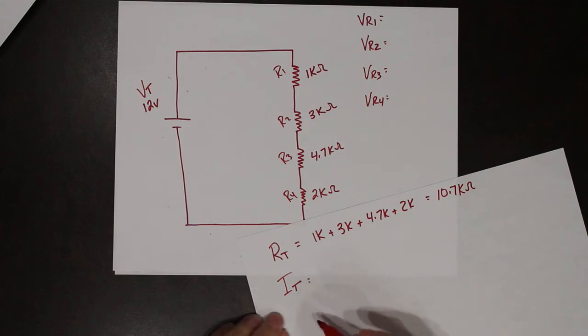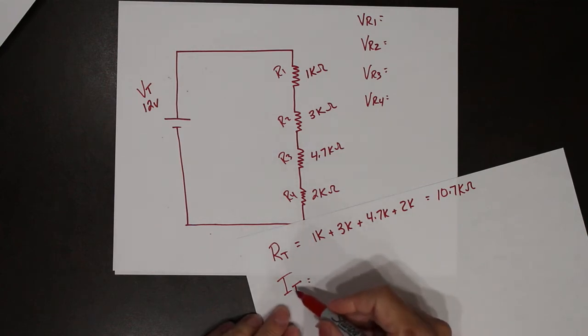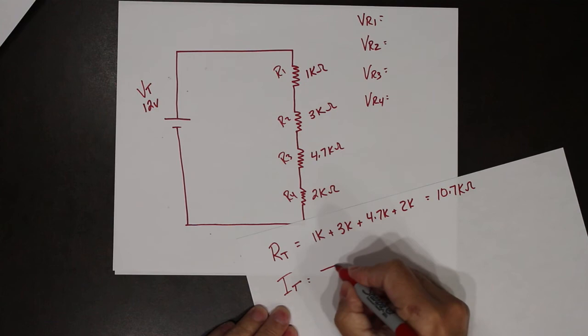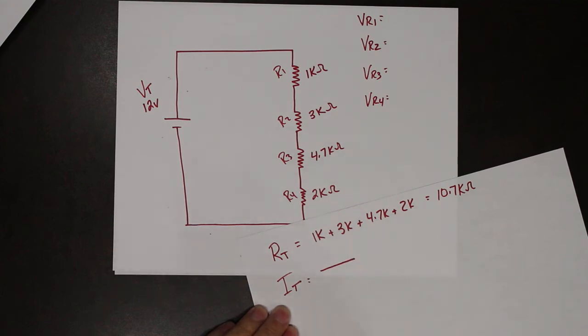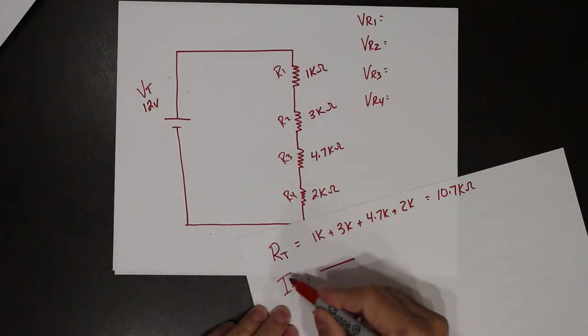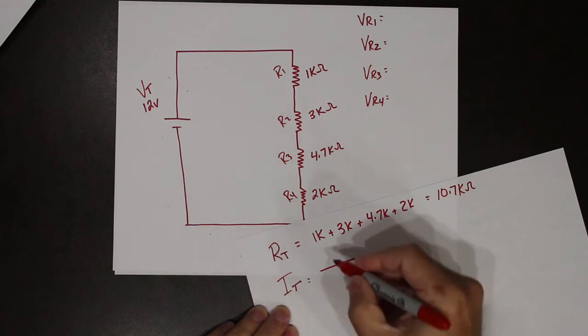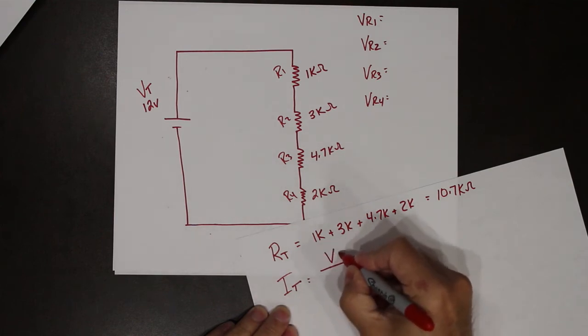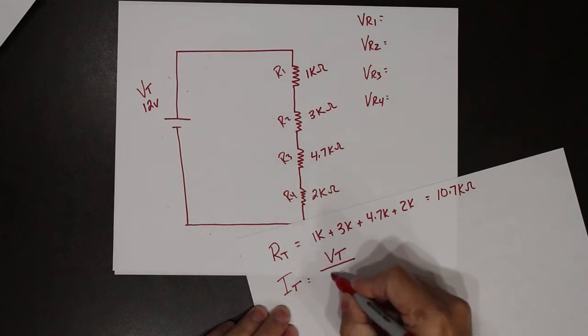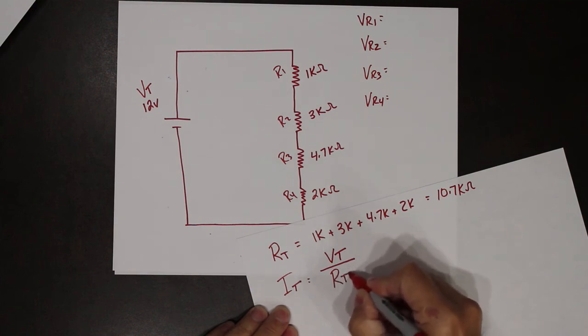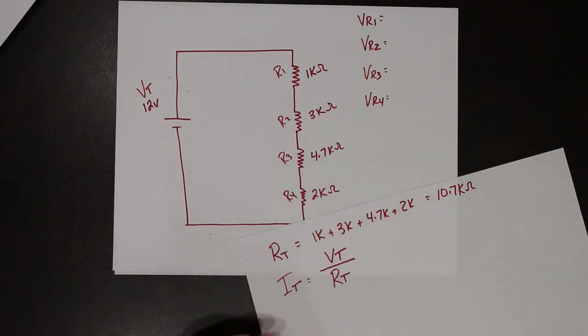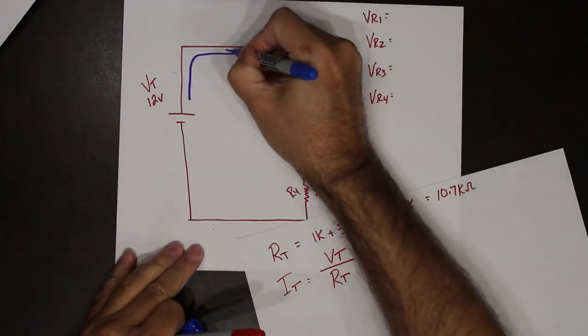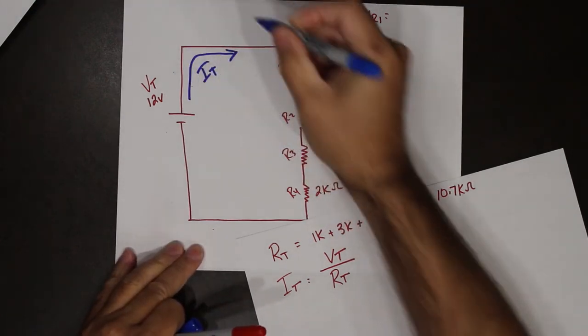We're now going to calculate I total. So remember, we're going to use Ohm's law, but we're looking at a total, so we must use totals. The total voltage divided by the total resistance gives us the total current flowing in the circuit.